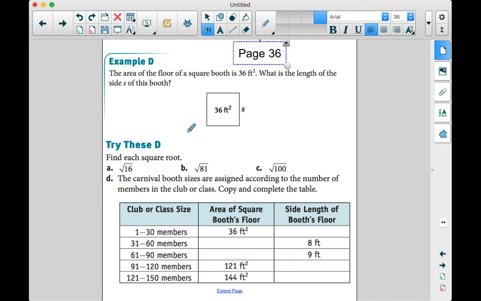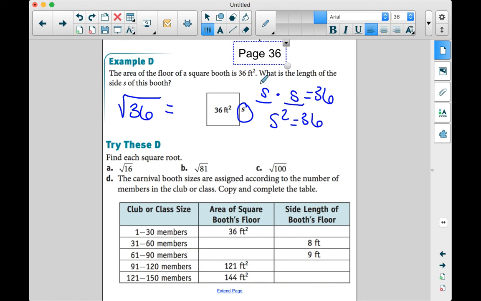I want to know what is the length of this side. So I want to know what times what equals 36, or what side length times what side length equals 36. I could also write that as s squared equals 36. To solve that, I'm going to use what we call a radical symbol. I'm going to put 36 in there, and I know that 6 times 6 equals 36. So the square root of 36 equals 6.